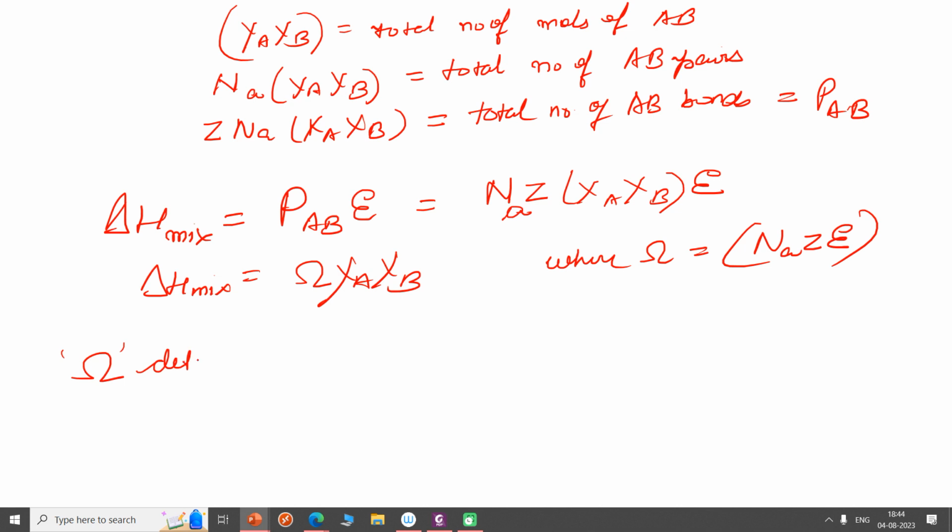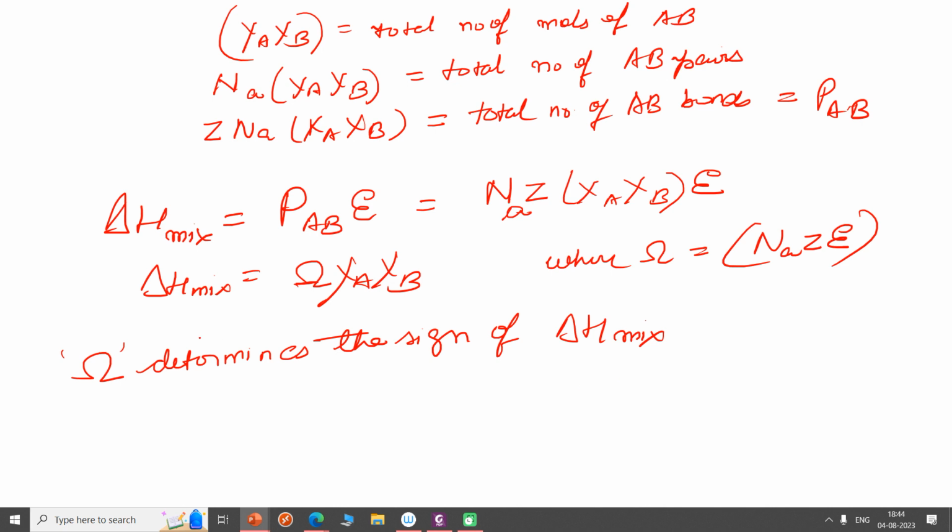And this omega is the one which determines the sign of delta H mix. Why is that? Because the mole fraction is always positive. It's between 0 and 1, and the product of two mole fractions is again positive. So the sign of the delta H mix will be determined only by the omega.